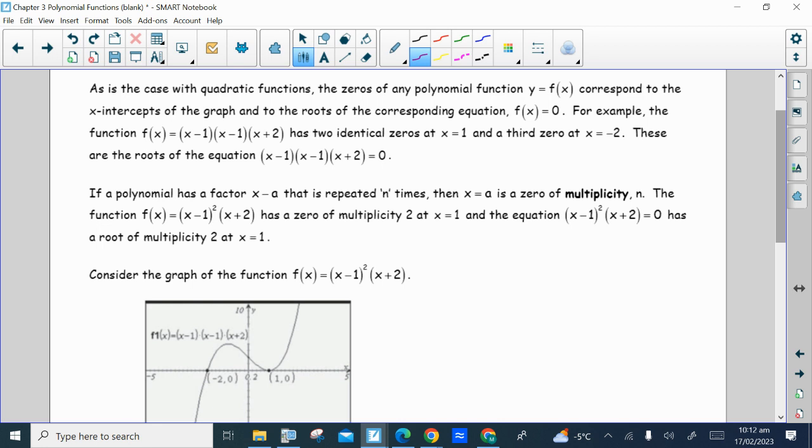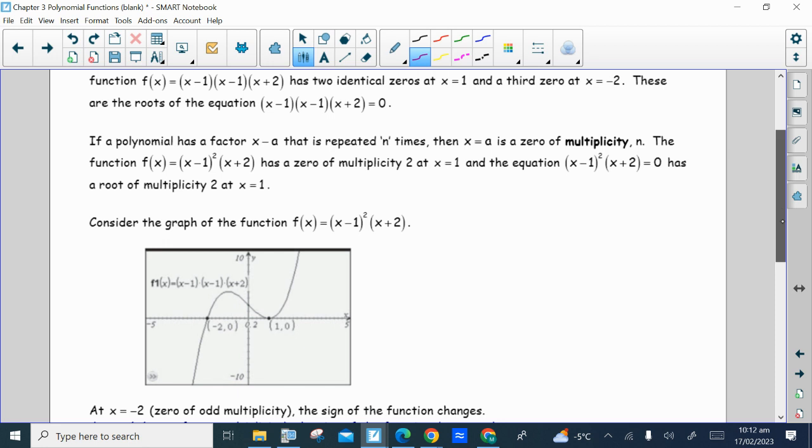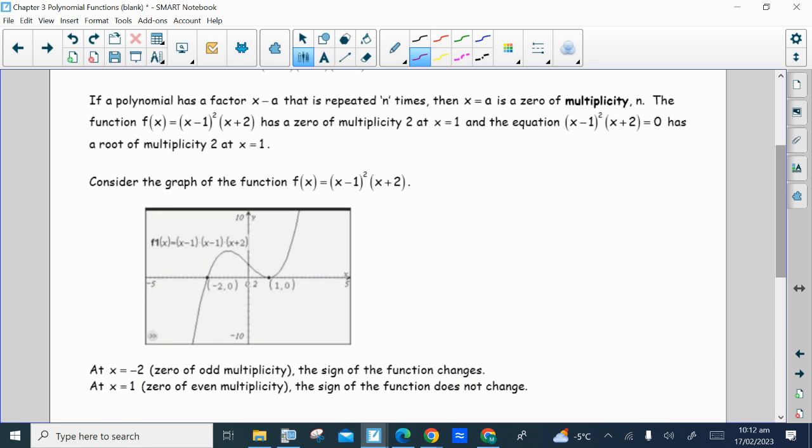Thank you. So if we look at the graph then of x minus 1 all squared times x plus 2, and we talked about this yesterday, when a factor occurs twice, when it has a multiplicity of 2, the graph will bounce off the x-axis there. Okay? The values of y will not change from a negative to a positive or a positive to a negative.